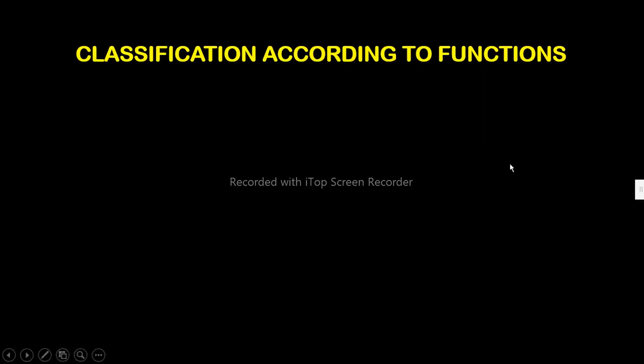Welcome to another lesson. This is today's lesson, the continuation of proteins. Let's classify our proteins based on functions. Like we said, these proteins perform different functions in our bodies, and based on those different functions, we can classify our proteins.